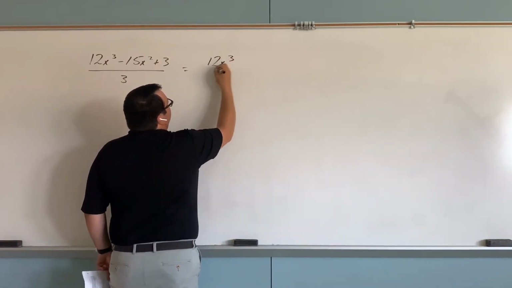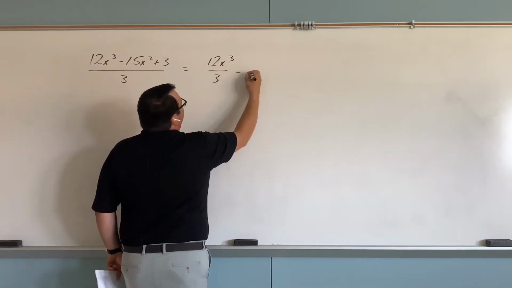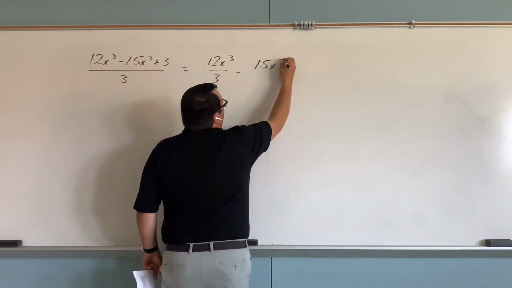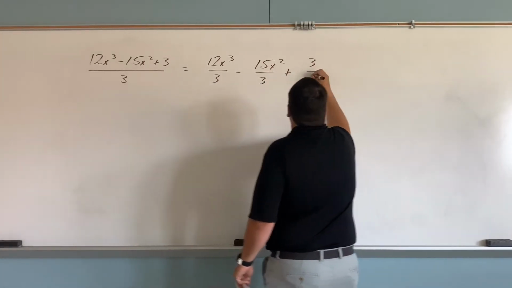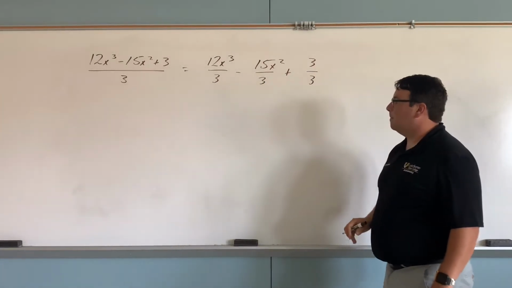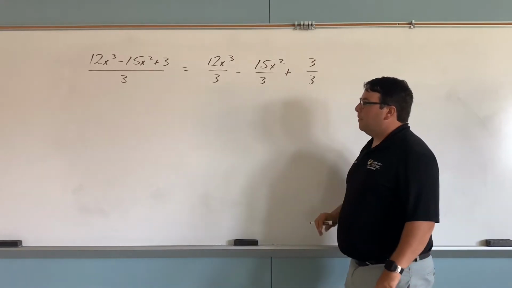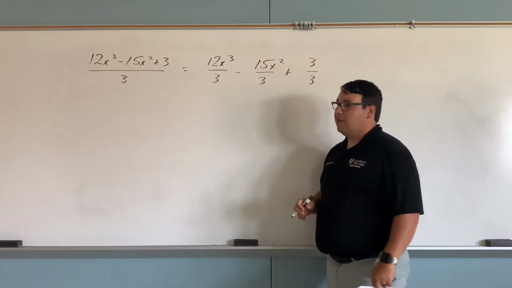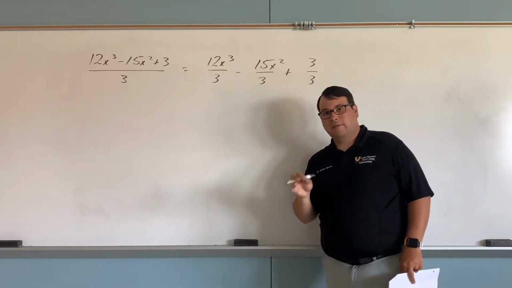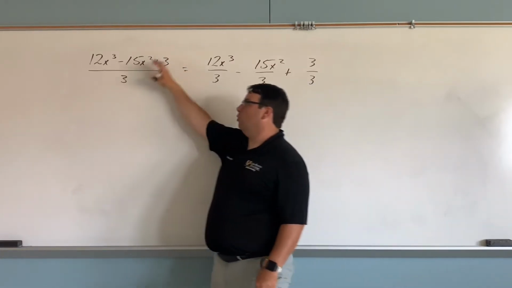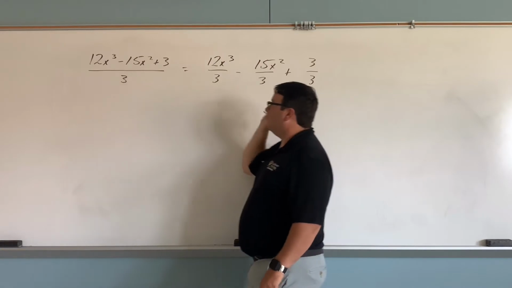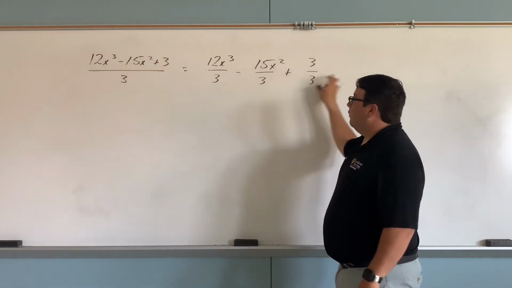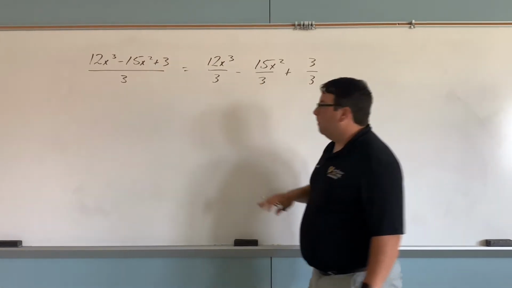So I have 12x cubed divided by 3 minus 15x squared divided by 3 plus 3 divided by 3. So I'm simply taking my polynomial and splitting it into pieces because remember, I'm adding and subtracting here. So when that's in the numerator and I have just a single term in the denominator, I can split this up. And so what I'm going to do is simplify as I go.